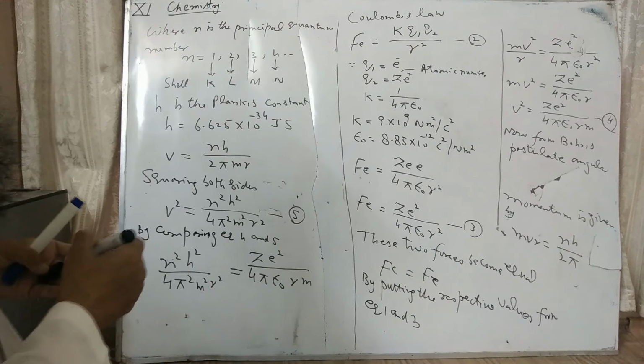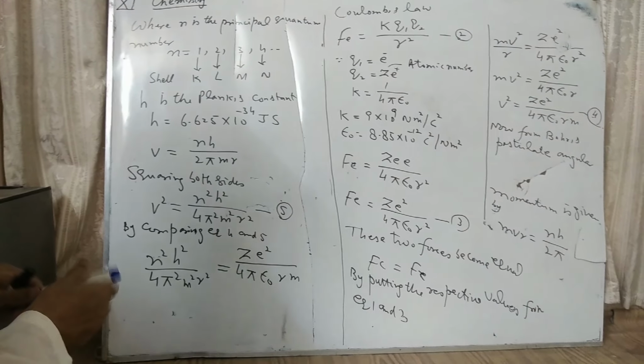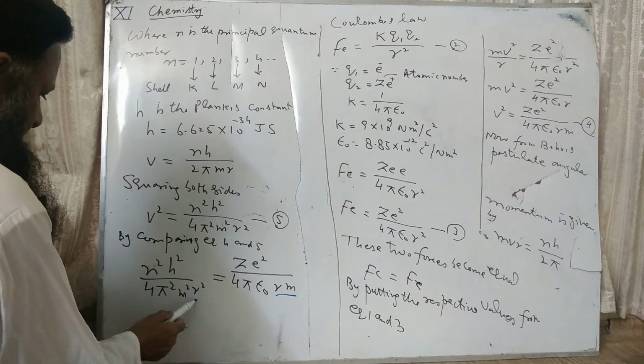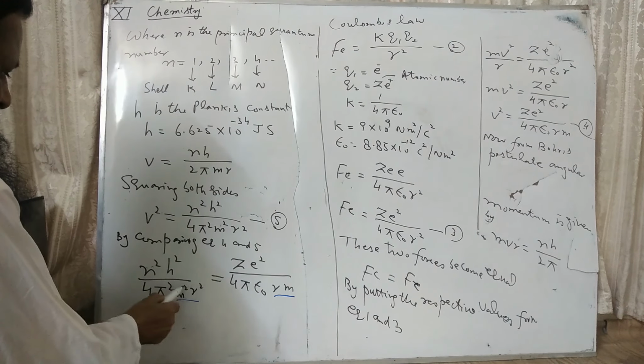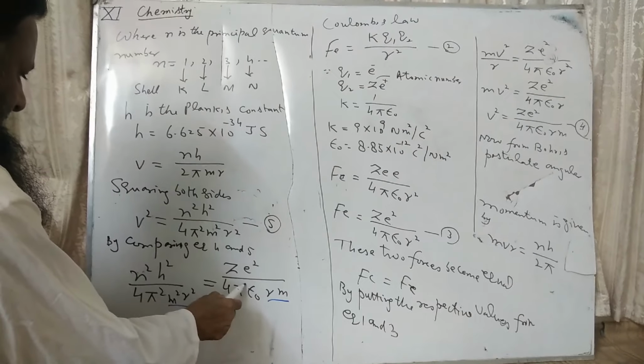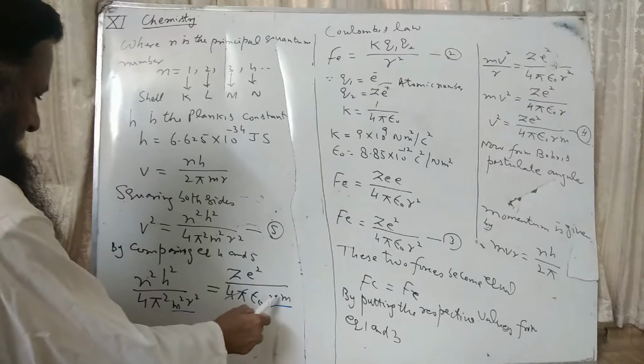And you can see that r and m cancel out, and 4 pi with the 4 pi, so you will get only the one value.